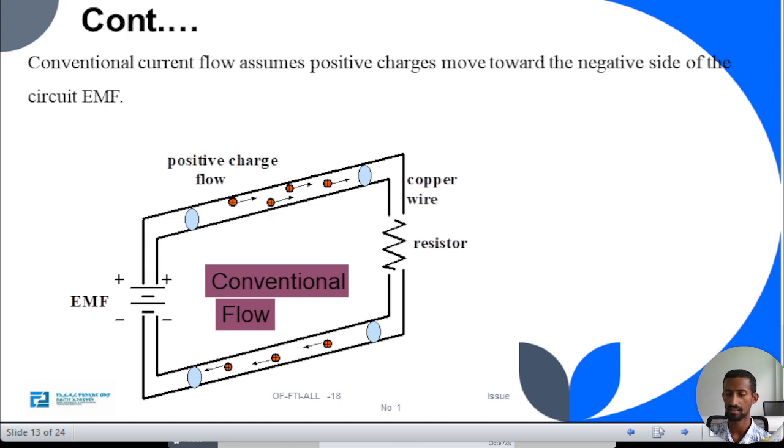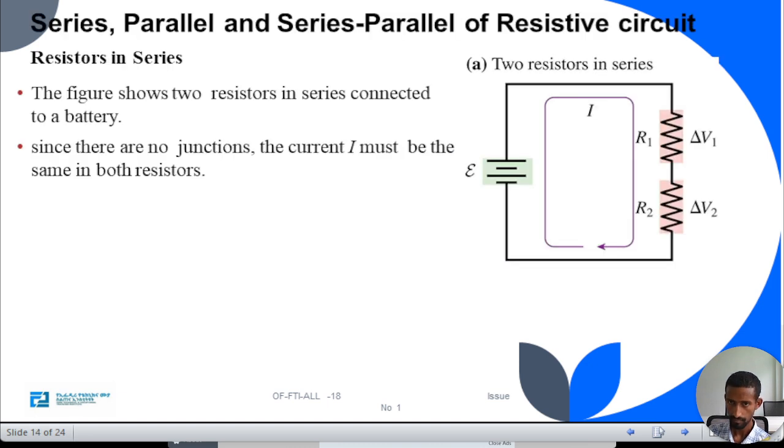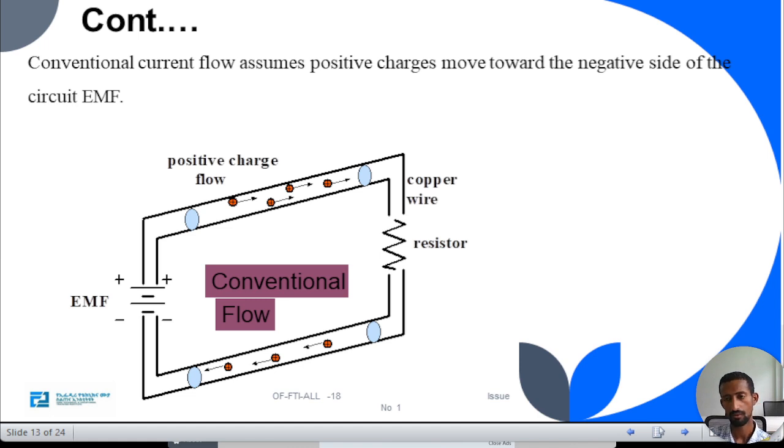While we are talking about relative motion, it is a movement of, we can say, positive charges. So it can move from the positive terminal to the negative terminal.